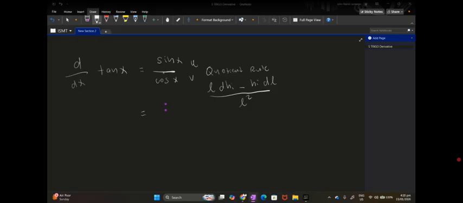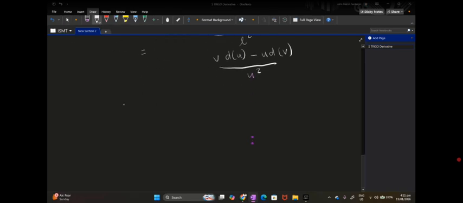So pwede na rin siya gamitin here, or in simple terms, V times the derivative of U minus U multiplied by the derivative of V, all over V squared. So, pwede natin siyang gamitin, yung quotient rule, to solve for tangent x.